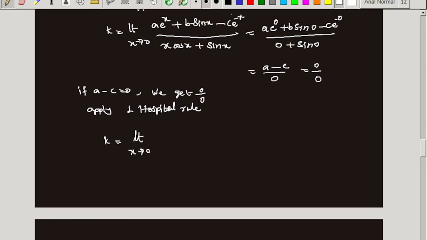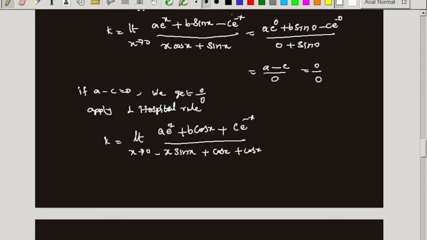If we differentiate this, a e^x gives a e^x, b sin x gives b cos x, and e^(-x) gives e^(-x) with a plus sign after differentiating minus x. Dividing by the denominator, with the product rule, x cos x gives minus x sin x plus 1 times cos x, and sin x gives cos x.